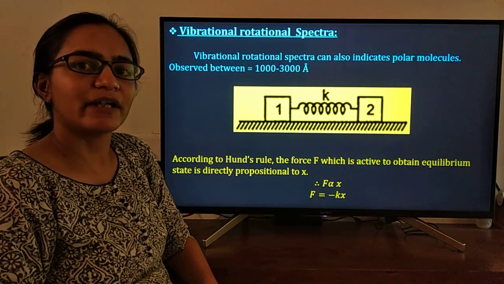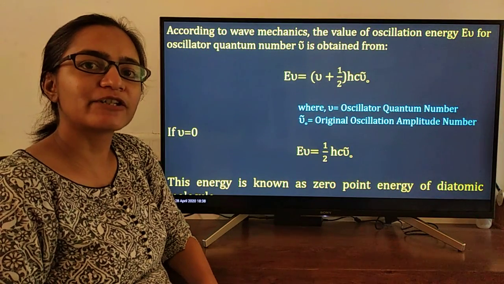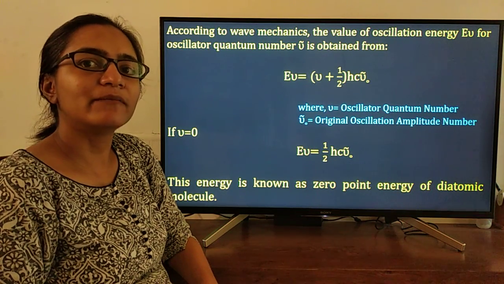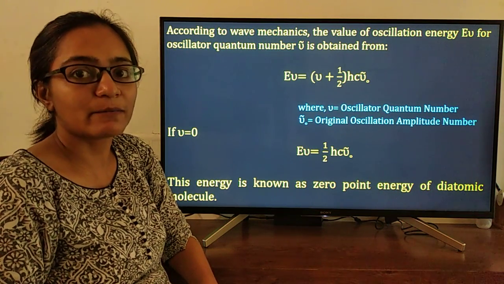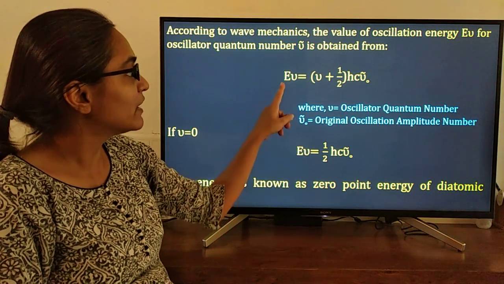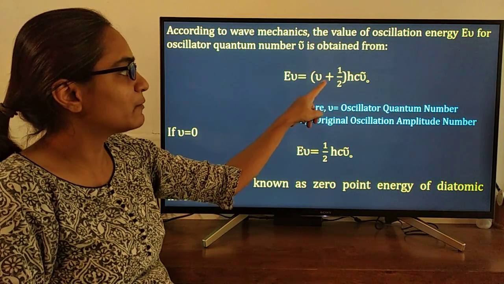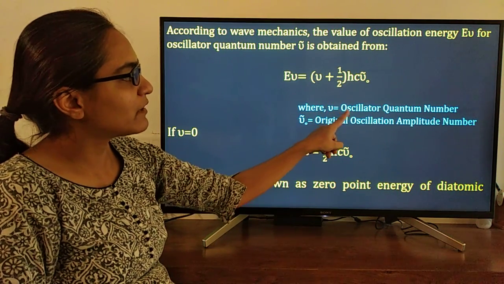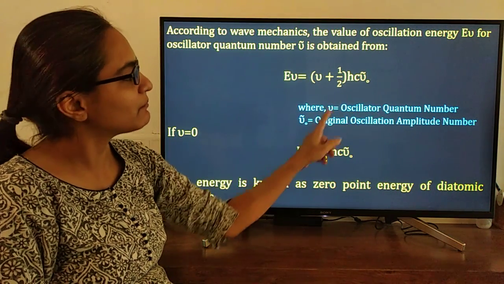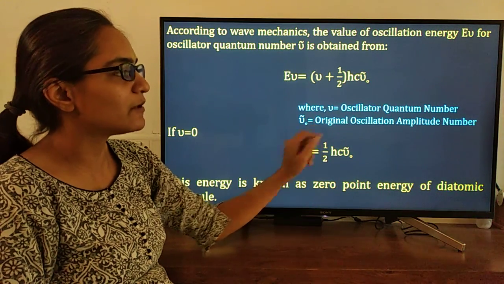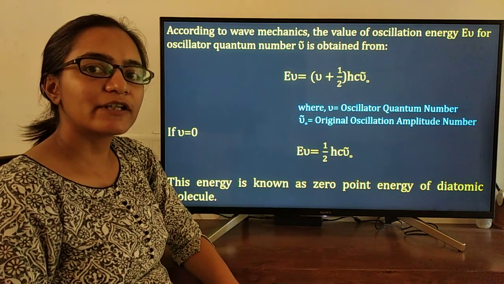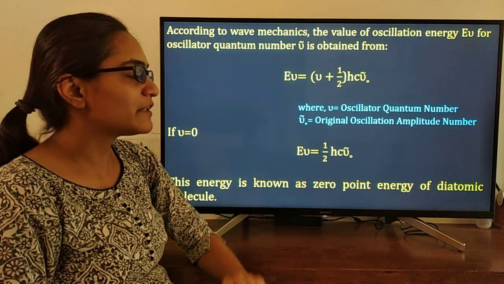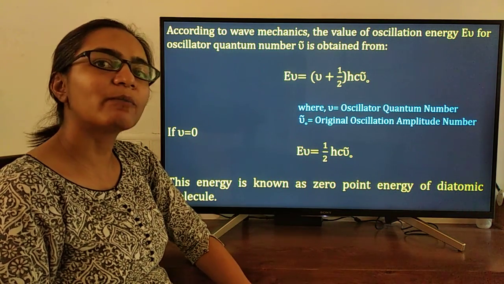According to wave mechanics, the oscillation energy E nu for the oscillation quantum number nu is obtained from the following equation, where E nu is equal to nu plus 1 by 2 hc nu bar 0, where nu is the oscillation quantum number and nu 0 bar is the fundamental oscillation wave number. C is the velocity of light and h is the Planck constant.